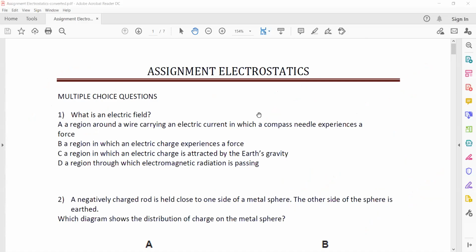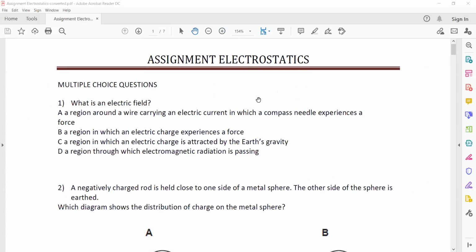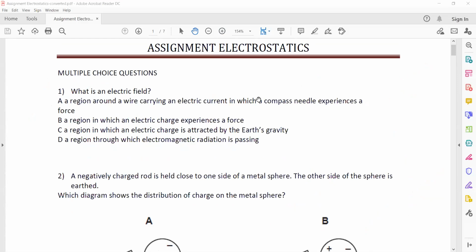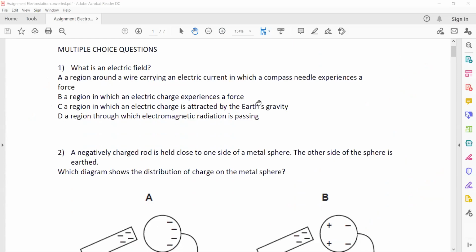Okay, some questions now related to electrostatics. Already we discussed. What's the answer for question 1? MCQs, multiple choice question. What is electric field?